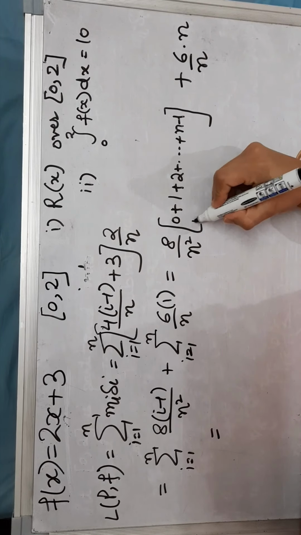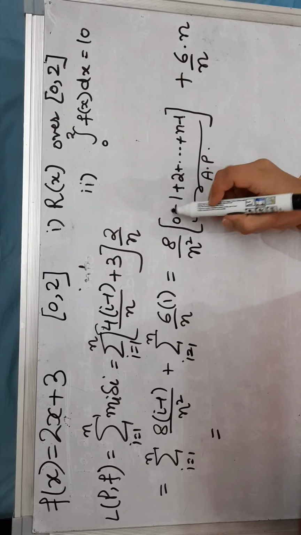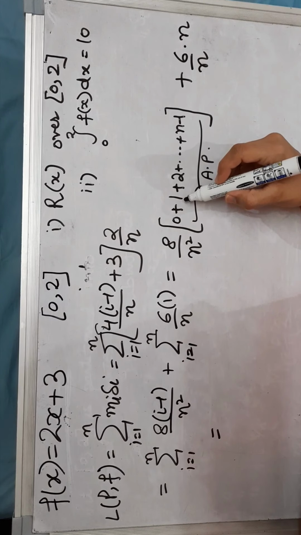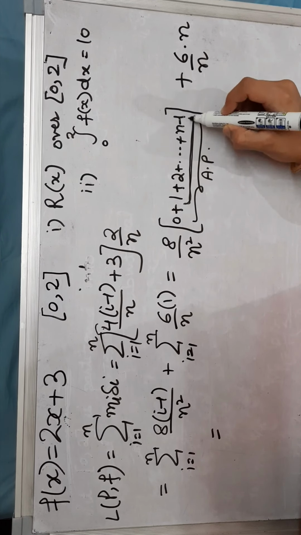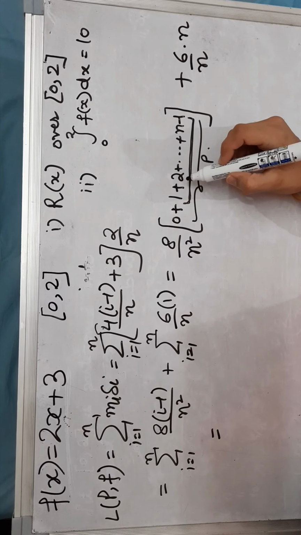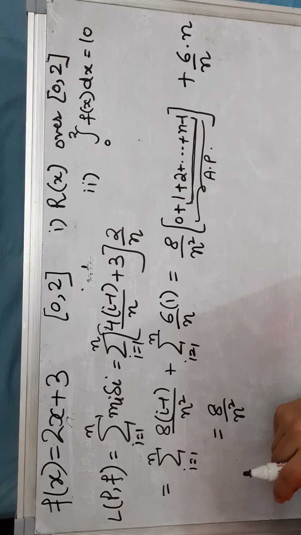Now what is this? This is an AP series whose first term is, if you skip this 0, whose first term is 1, number of terms is n minus 1, common difference is 1. So you will apply the formula for the sum of an AP series.